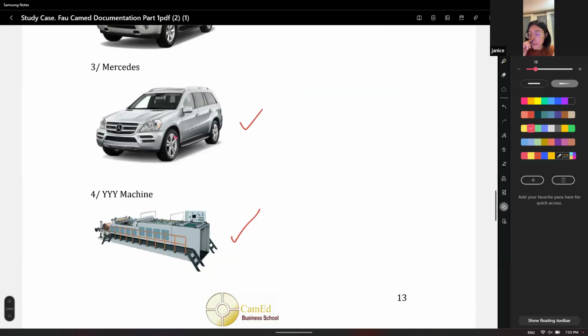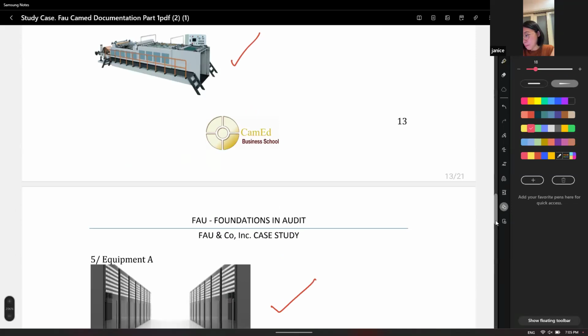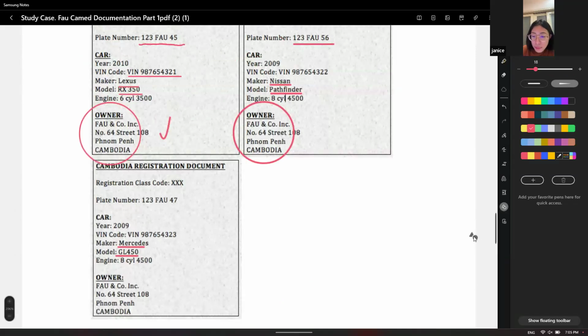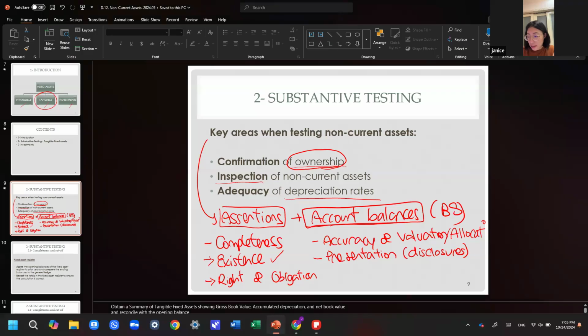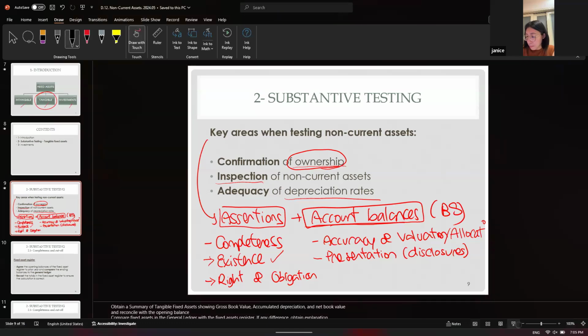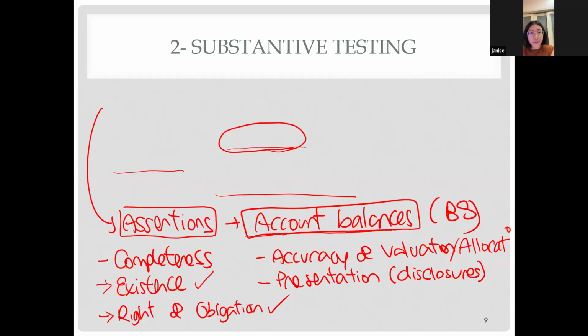Yeah, it's a 4x4 Mercedes. The plate number is 123 FAU 47. And again, it's the same owner. It's all owned by FAU. So here we have demonstrated that all these cars belong to our client FAU. So the rights and obligation assertion is being verified.